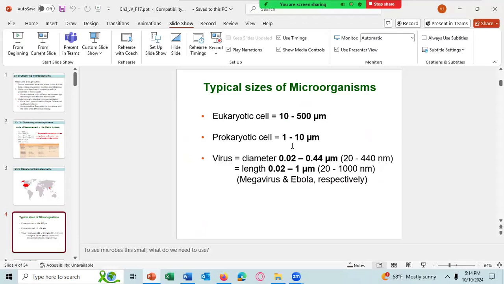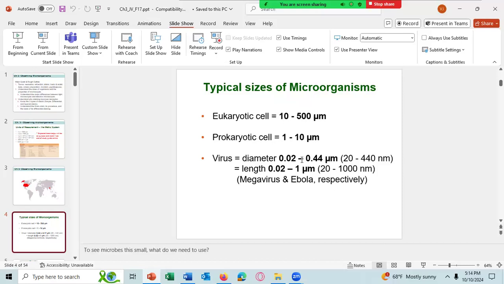And a prokaryotic cell can be smaller than 1 micrometer, and the largest is about 10 micrometers in size, meaning the largest prokaryotic cell is actually larger than some eukaryotic, up to the size of your small eukaryotic cell.